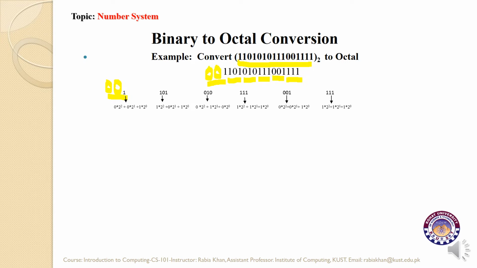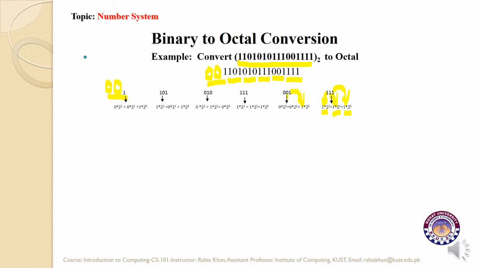So first number is 1 1 1. The first bit is multiplied by 2 and the power of 2 is 0. The second one is multiplied by 2 and the power of 2 is 1. The third one is multiplied by 2 and the power of 2 is 2. You can see here all the products are getting added together. You can see the plus signs. So next group, the first bit is multiplied by 2 and the power of 2 is 0.